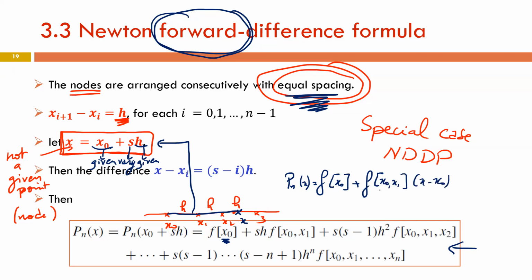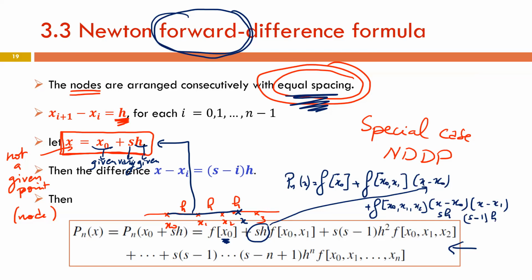The x minus x0 now is sh, plus the order 2 f[x0, x1, x2] times (x minus x0)، قلنا sh، و (x minus x1) تصير (s minus 1)h. إذا هذه تعطينا s times (s minus 1) times h squared. هذه تعطينا اللي بعدها s(s minus 1)(s minus 2)h cubed.